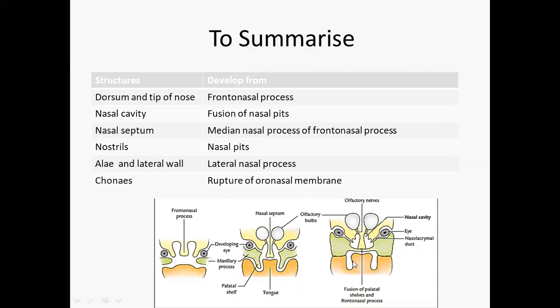Then the nostrils are formed by the nasal pits. The nasal pits represent the primitive anterior nasal apertures. Then the ala and the lateral wall are contributed by the lateral nasal processes. These are the ala. And the choana is formed by the rupture of the oronasal membrane.